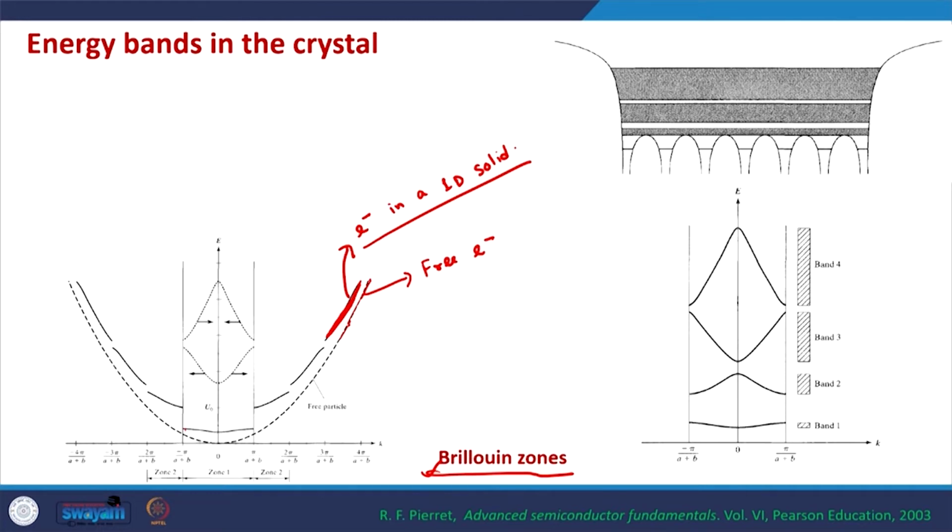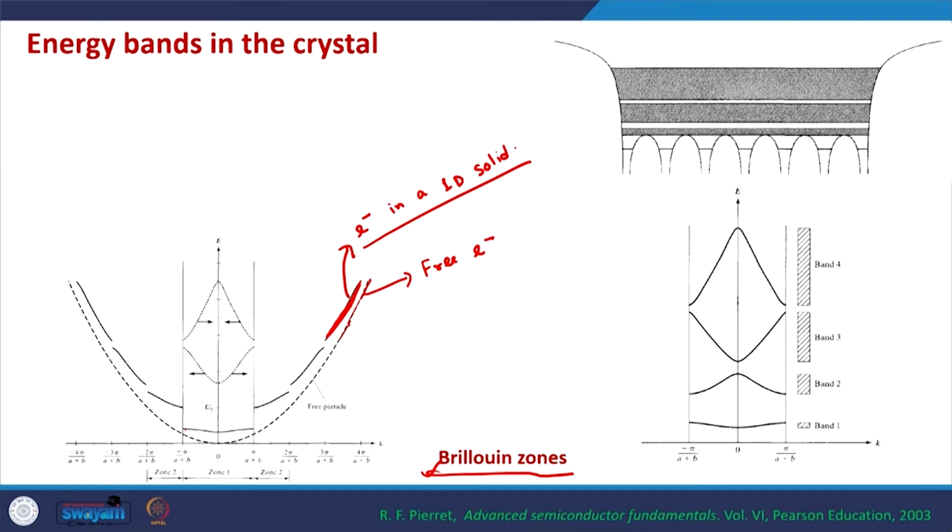So, the set of k values which correspond to the first energy band are known as Brillouin zone 1. Similarly, corresponding to energy band 2, they are Brillouin zone 2. Similarly, corresponding to the third band, they are Brillouin zone 3. This is how it is defined, and this is a very important concept in solid state physics.